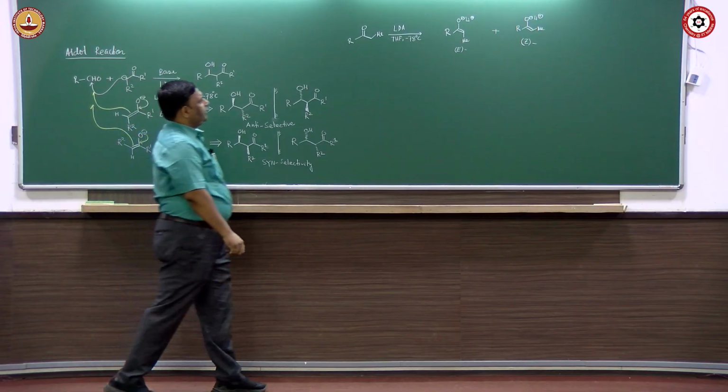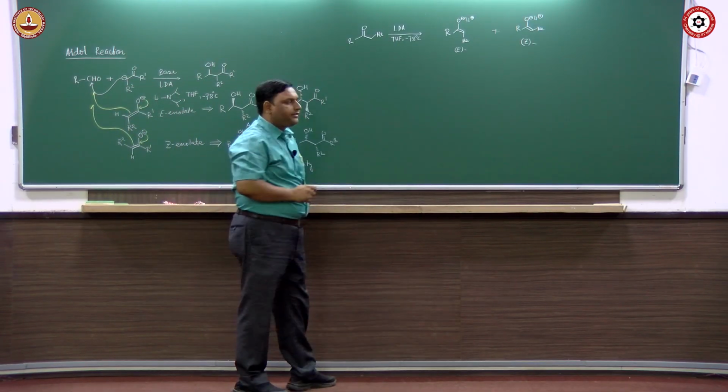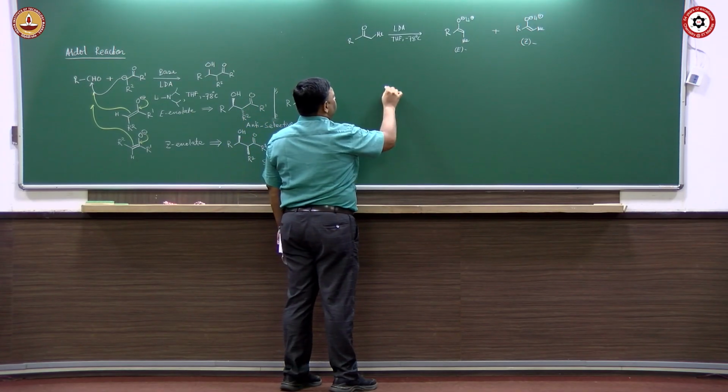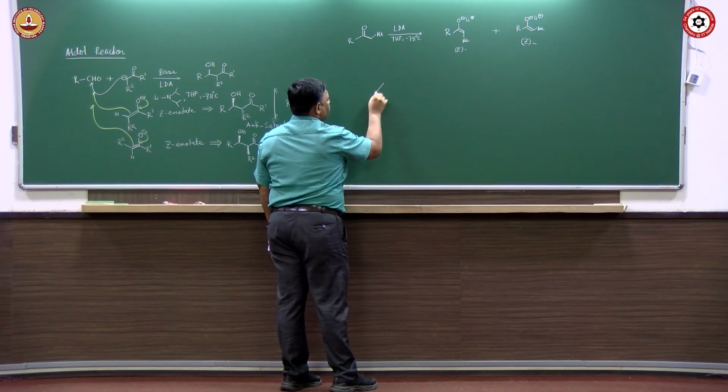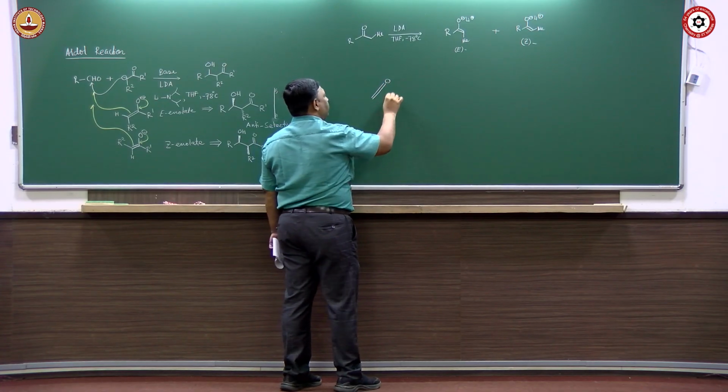Okay. Now, how is this going to happen? So, let's see how the LDA is reacting with your carbonyl compound. I am just drawing the transition state. What is exactly happening in this particular case?